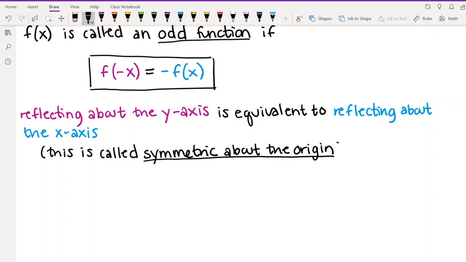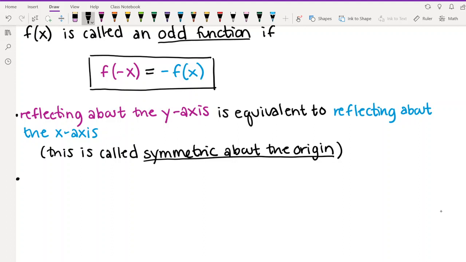I think symmetry about the origin is a little bit harder to visualize than symmetry about the y-axis, but we'll look at a few more examples that I hope will help you see what odd functions have in common in terms of their shape.